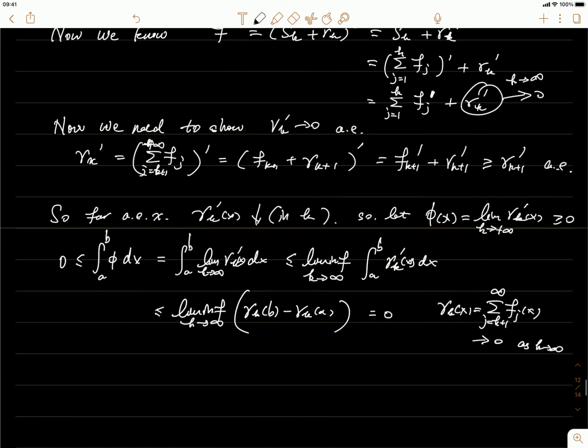So this is actually equal to 0. Now we have the non-negative measurable function phi, and the integral is equal to 0, which means that phi is equal to 0 almost everywhere. Okay? So phi is equal to 0 almost everywhere.